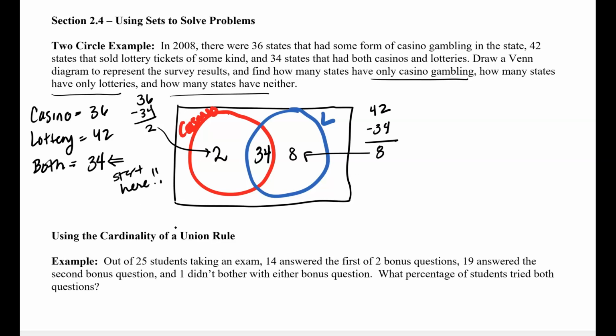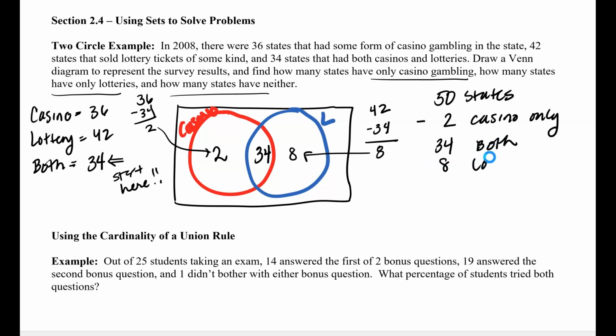And then to figure out what's on the outside, we want to know how many total states there are. We weren't given that information in the problem, but in this case you can assume there are 50 states in the US because that's common knowledge. So I'm going to say 50 states total, and I'm going to subtract the casino only, then the both number, and then the lottery only.